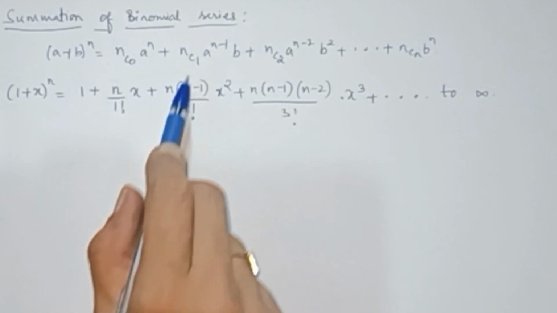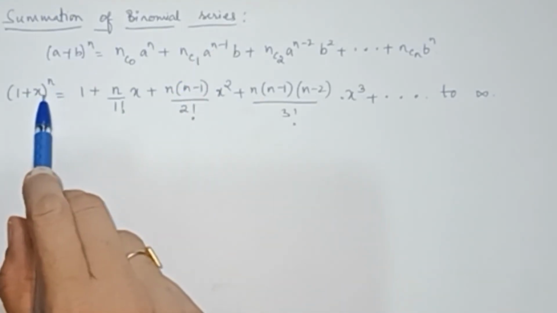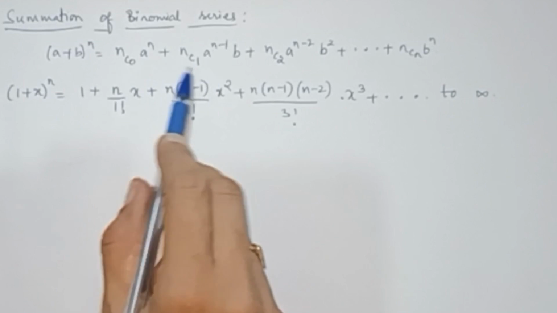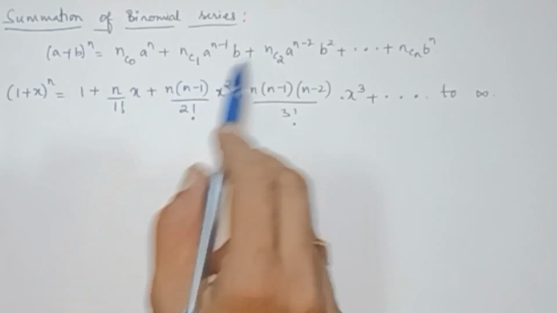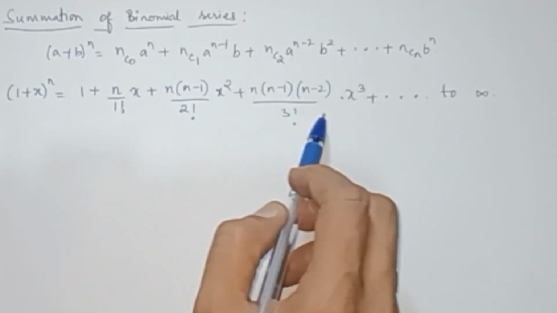Here a equals 1 and b equals x, and the nC1, nC2, nC3 values I have written directly.